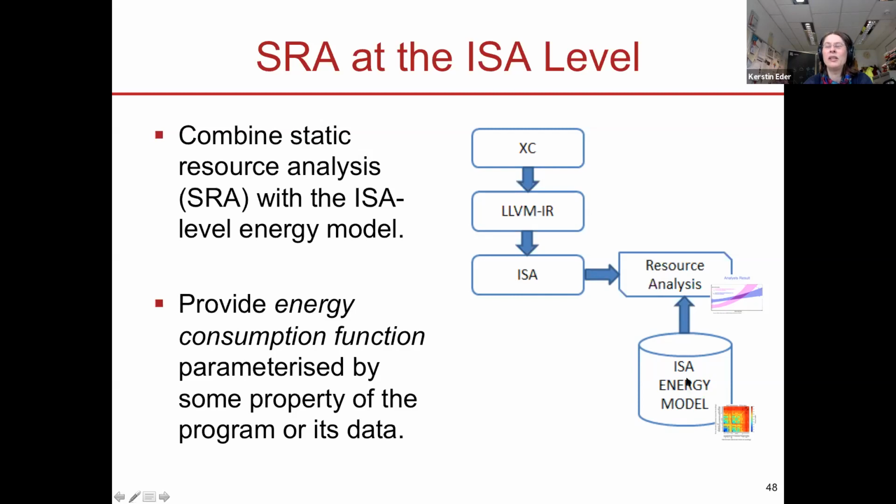We can combine this with the ISA level energy model that we had, and we then obtain resource analysis results. The resource analysis results are provided as an energy consumption function that is parameterized by some property of the program or its data. So, a very simple starting point.